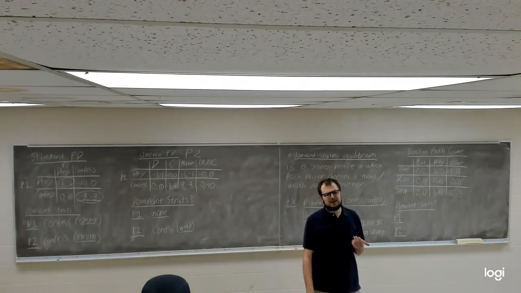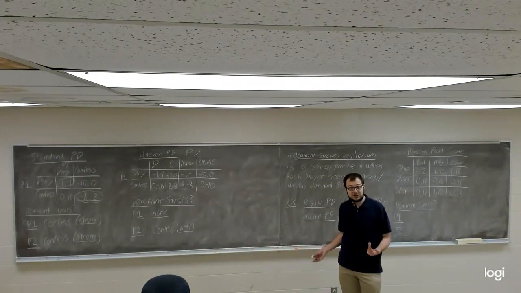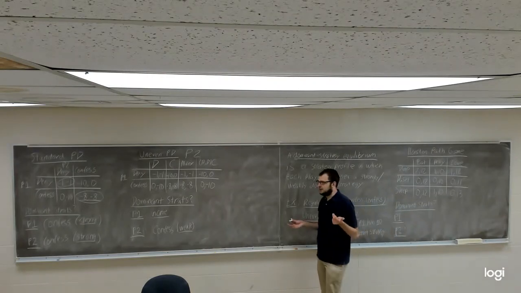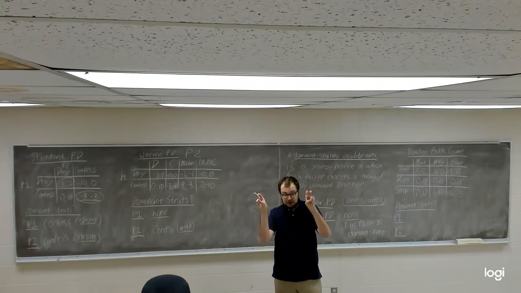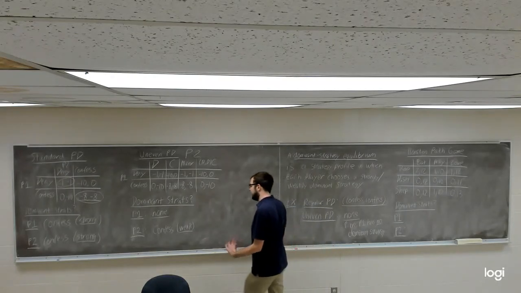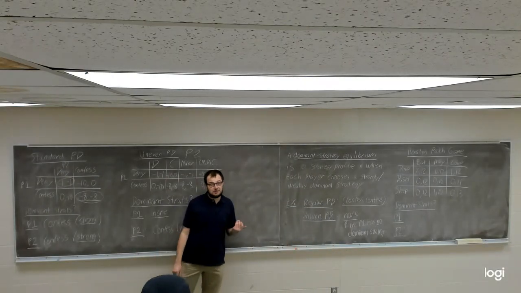So just because something is called a dominant strategy equilibrium doesn't mean it's going to end up in, quote, the best square in the payoff table, because you could have something like the standard prisoner's dilemma where that does not happen.